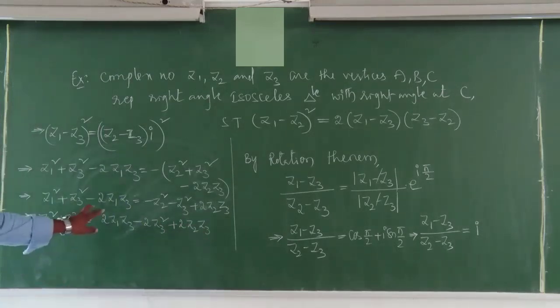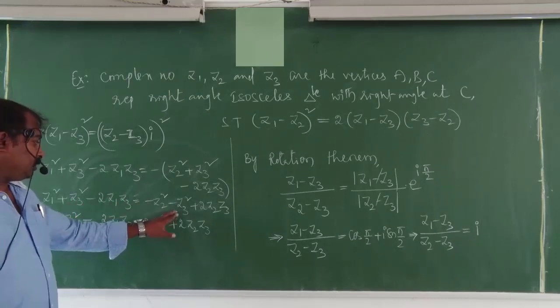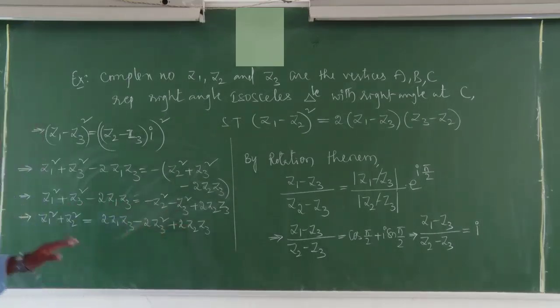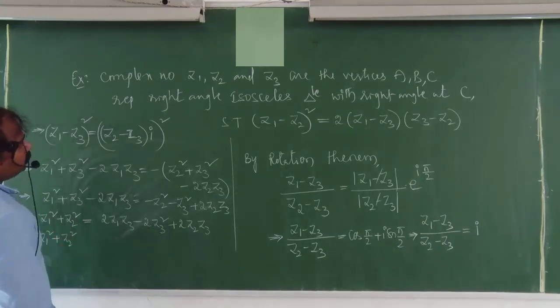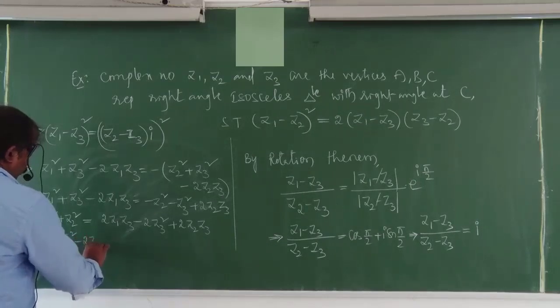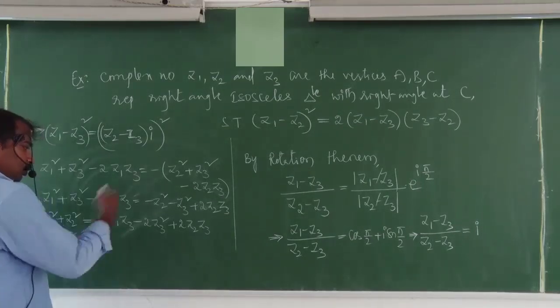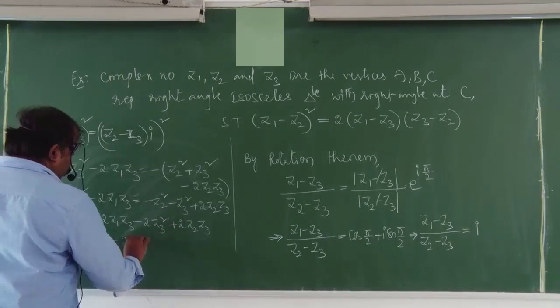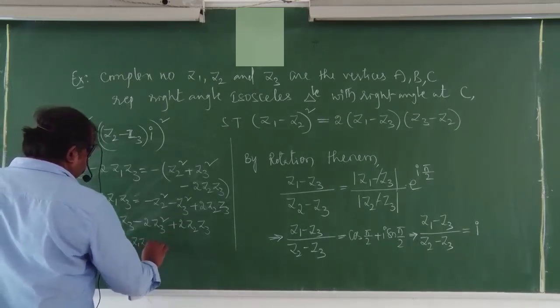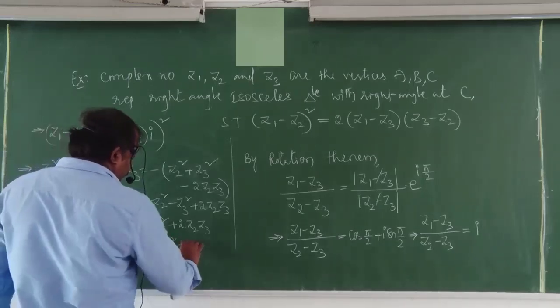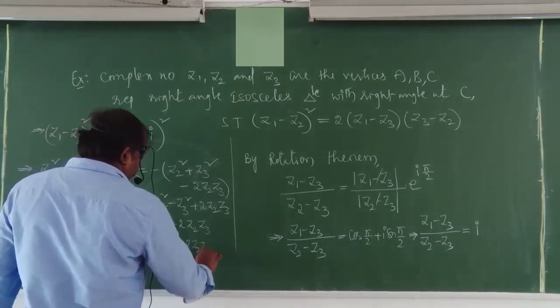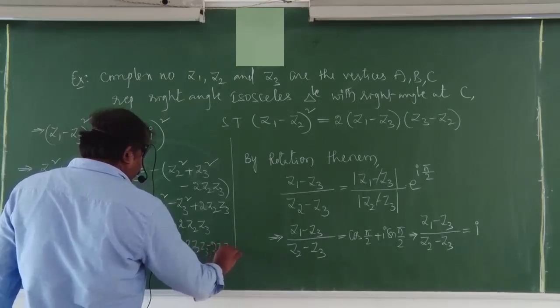Now I can write Z1 square plus Z2 square minus 2 Z1 Z2 on this side; subtracting 2 Z1 Z2 on this side, I also subtract it on the other side. So Z1 minus Z2 whole square equals 2 Z1 Z3 minus 2 Z3 square plus 2 Z2 Z3 minus 2 Z1 Z2.